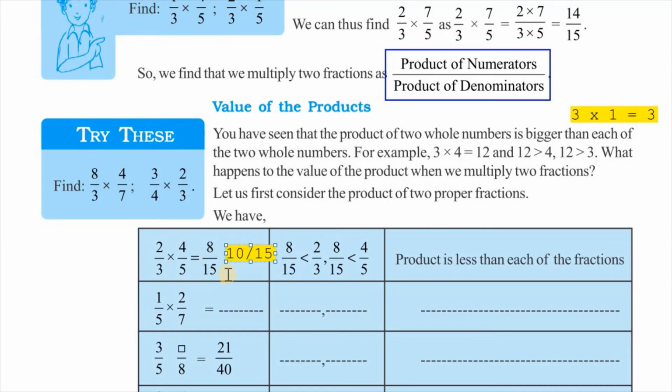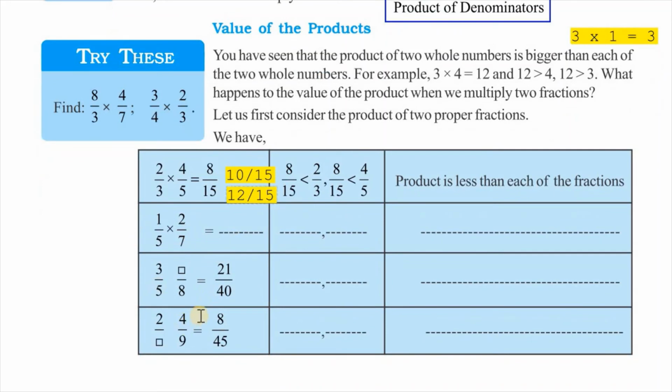And 4 by 5 becomes 12 by 15. That is because you need to multiply 5 with 3. Therefore, 4 3s are 12. So it becomes 12 by 15. Both of them are greater than the product 8 by 15.